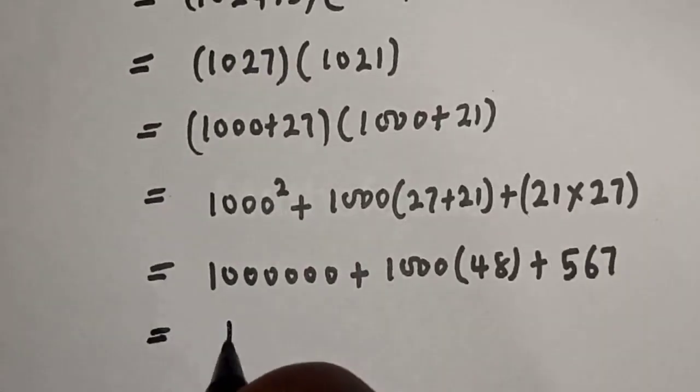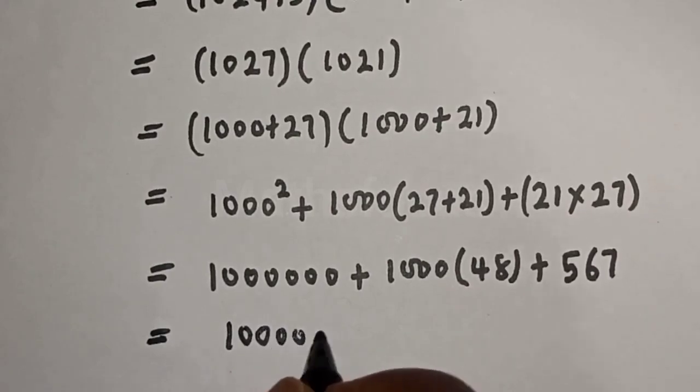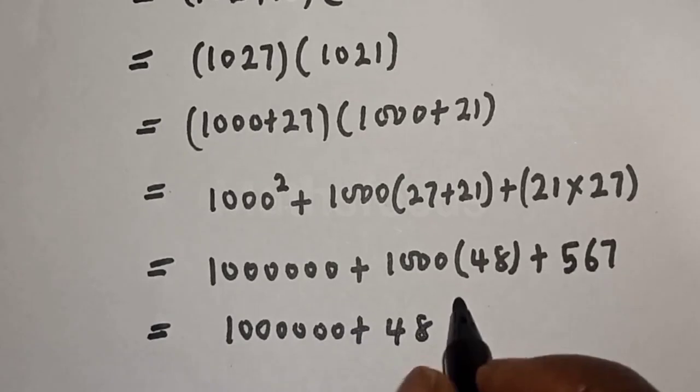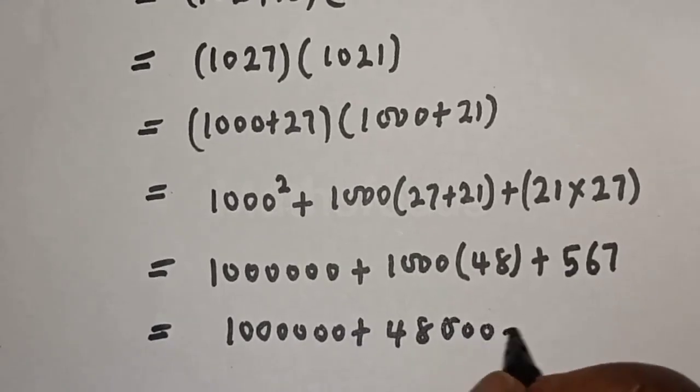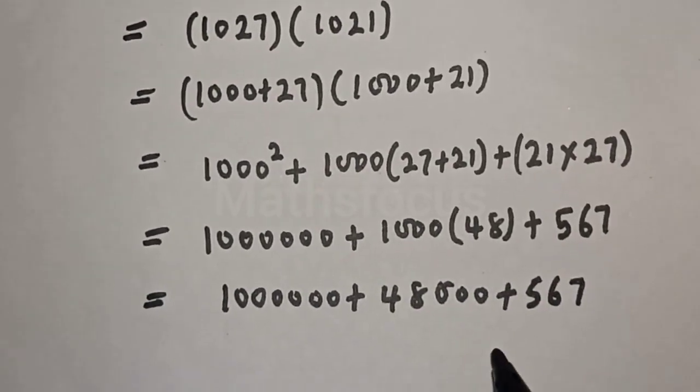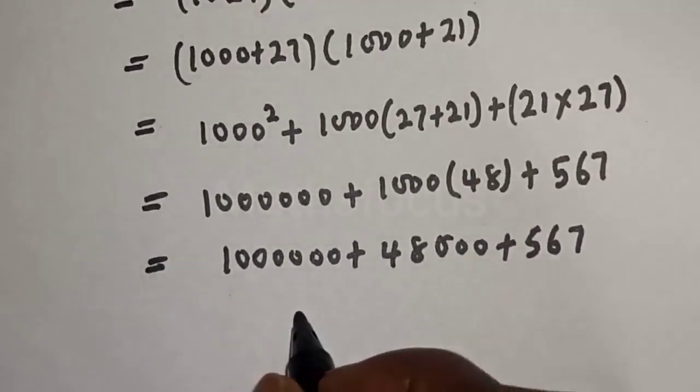This is equal to 1 million plus 48,000 plus 567. Let's add everything together.